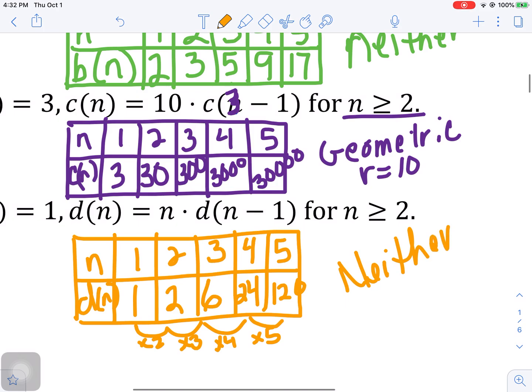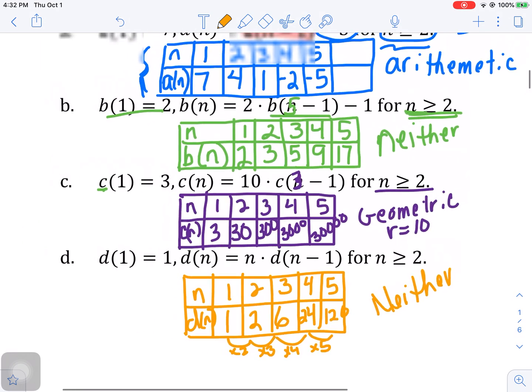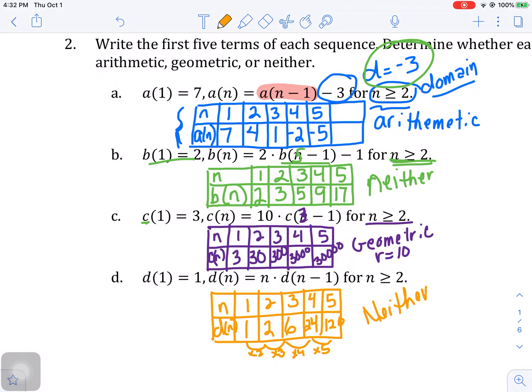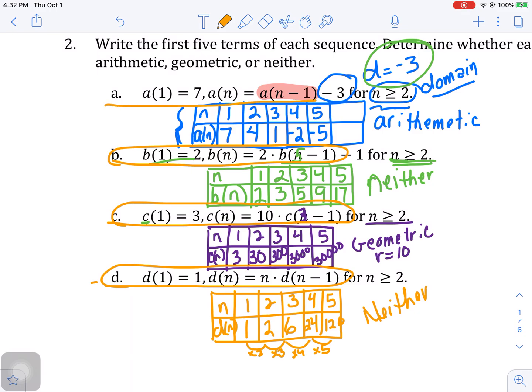So you can define functions that are neither arithmetic nor geometric using a recursive rule, but it won't follow a geometric or an arithmetic pattern. So this one is arithmetic and this one is geometric. The other two are not, but they can all be defined using a recursive rule. And that's what these are in the circles there.